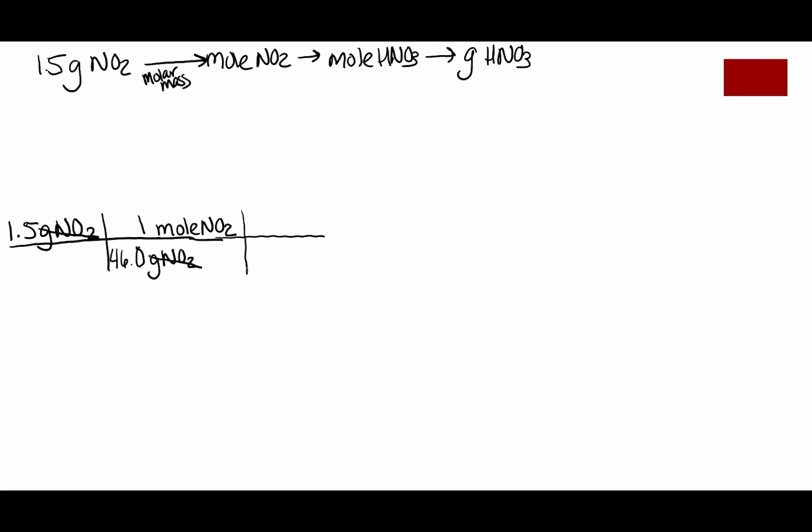I'm not going to plug anything into the calculator until the very end. Here we are in moles of NO2, the starting unit, so I'm going to put moles of NO2 on the bottom of my train track because that's what's getting canceled. And my destination for this step is moles of nitric acid, so that's going on the top.